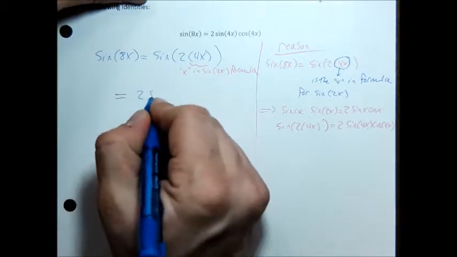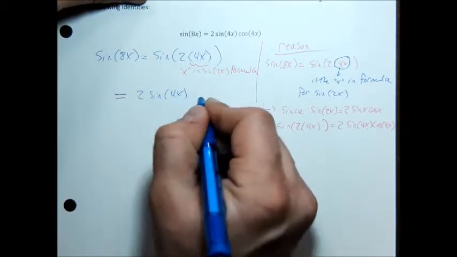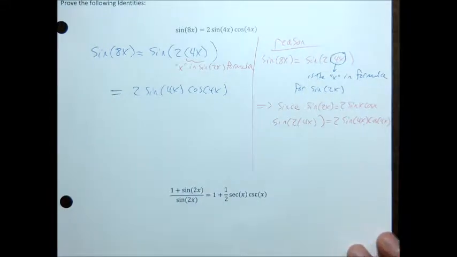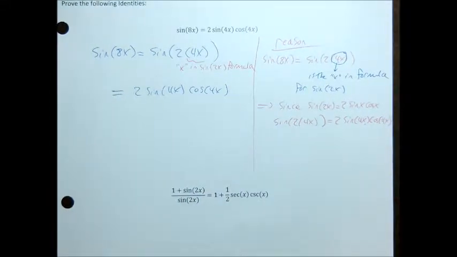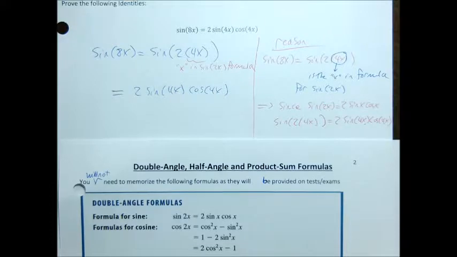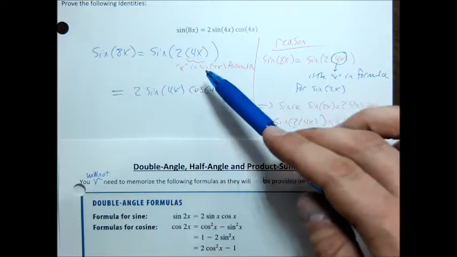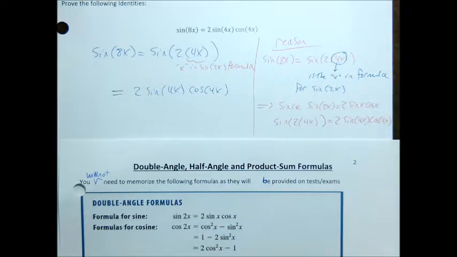We've proved it. By using the double angle formula. Let me put that formula up there again so you can take a look at them both together. Right, the formula tells us what to do when we have 2 times something, so we're trying to relate this 8x as 2 times something. And the something is 4x.